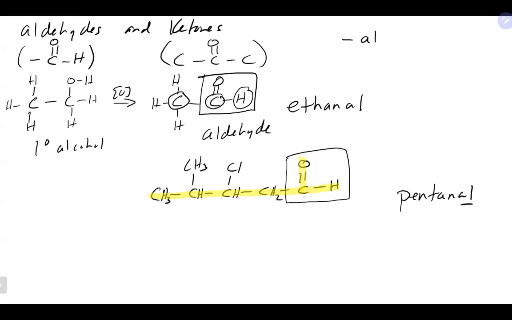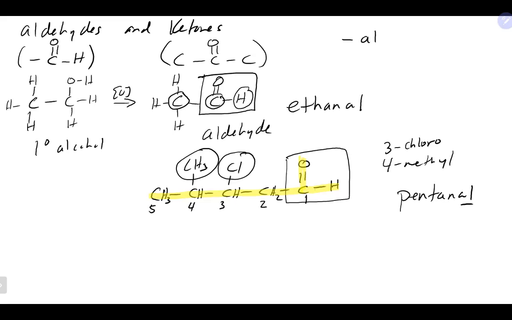Now we do call this carbon number 1, carbon number 2, carbon number 3, carbon number 4, and carbon number 5. There really is no choice here. You've got to start where the carbon-oxygen double bond is with the aldehyde. So that always is going to be carbon number 1. That means at carbon number 3, we have a chloro, and at carbon number 4, we have a methyl.